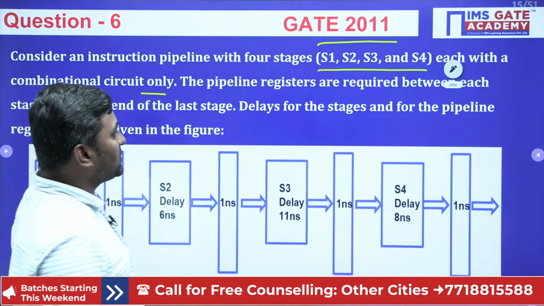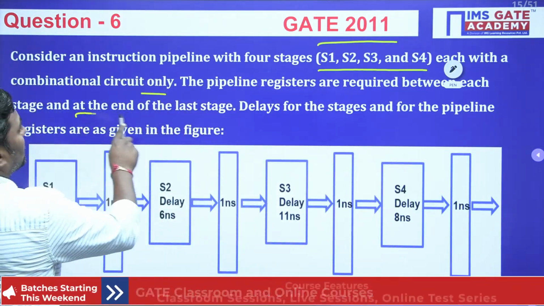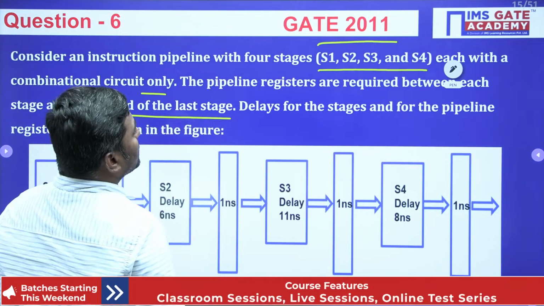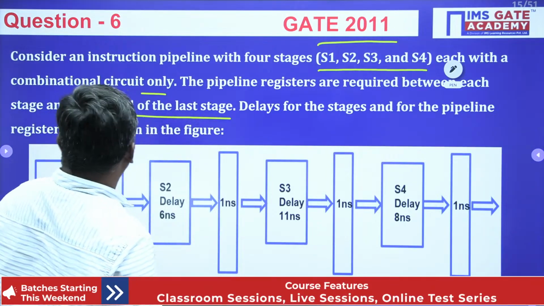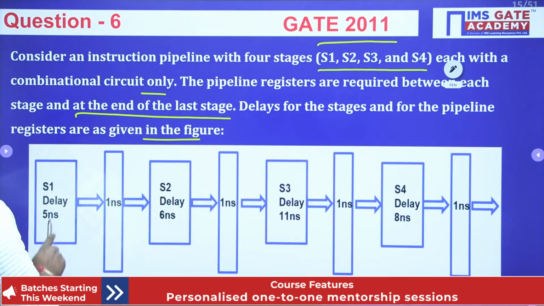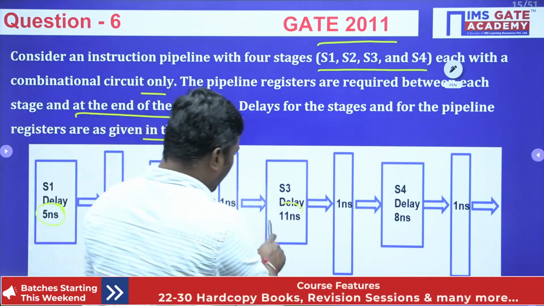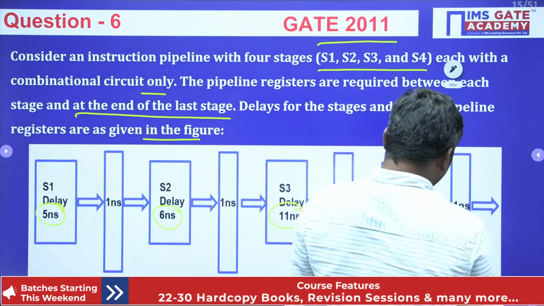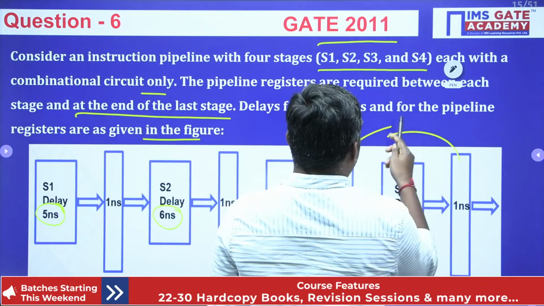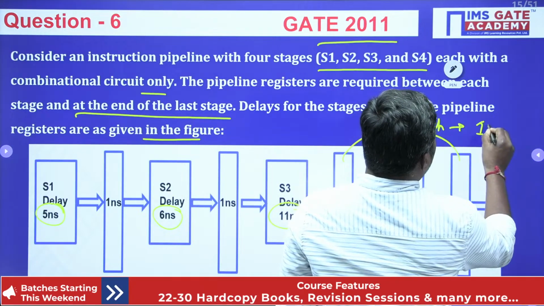Pipeline registers are required between each stage and at the end of the last stage also. The delays for the stages and the pipeline registers are given in the figure. The delay of stage S1 is 5 nanoseconds, S2 is 6 nanoseconds, S3 is 11 nanoseconds, and S4 is 8 nanoseconds. These are latches, or registers, and their delay is given as 1 nanosecond.